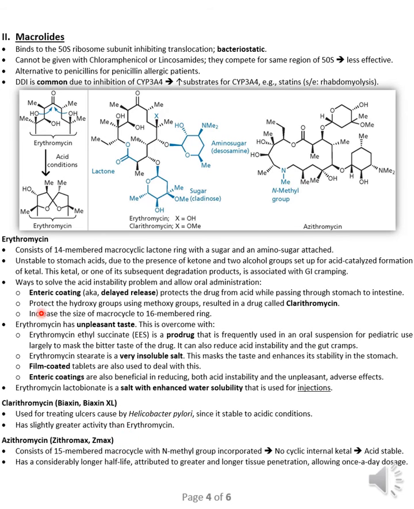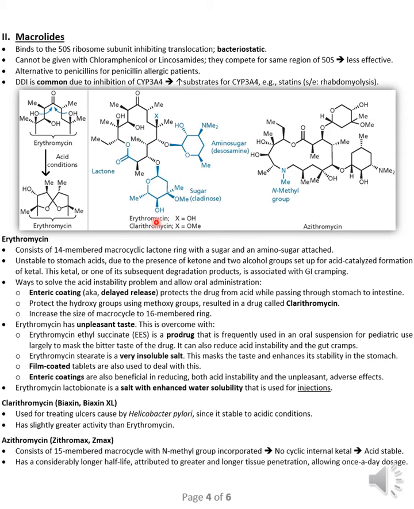Anyway, the third way of solving the acid stability is by increasing the size of the macrocycle to a 16-membered ring. Basically, these groups would be separated from each other, and in this case they will not be able to form this ketal cyclic.